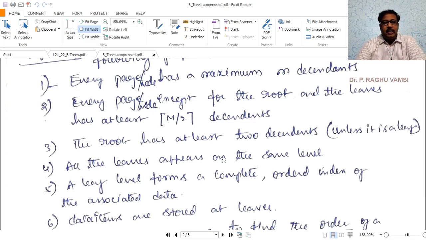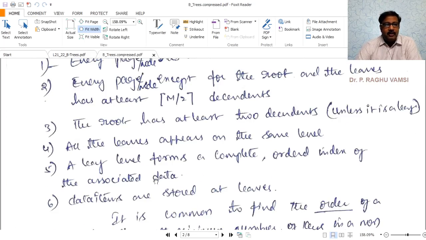All the leaves appear on the same level. So in the case of a binary search tree or those binary trees, all the leaves will not be at the same level, except if it is a complete binary tree. So the condition here is all the leaves appear on the same level.